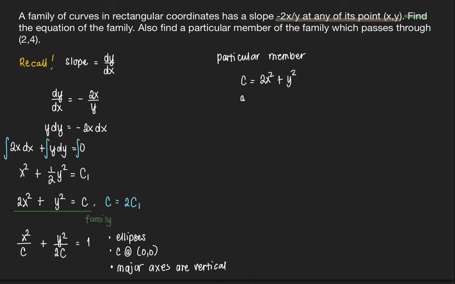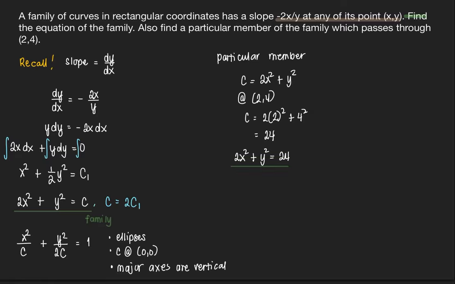Passing through 2, 4, c is equal to 2 times 2 squared plus 4 squared. So that's 8 plus 16. That gives us 24. So our particular solution is 2x squared plus y squared equals 24. So that's our particular member of the family.